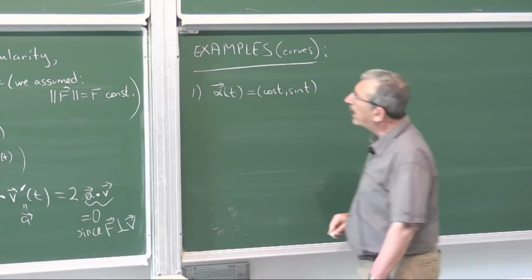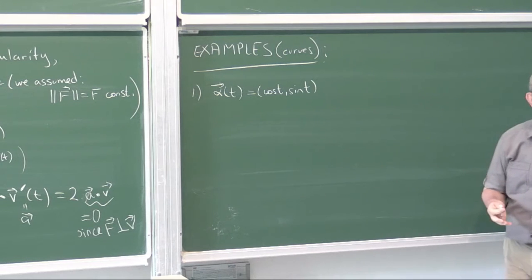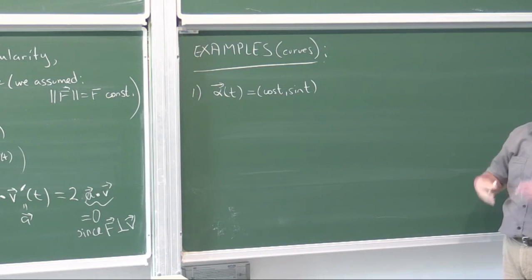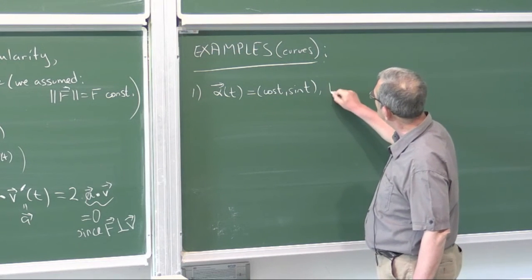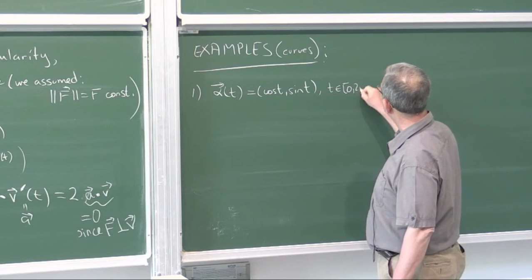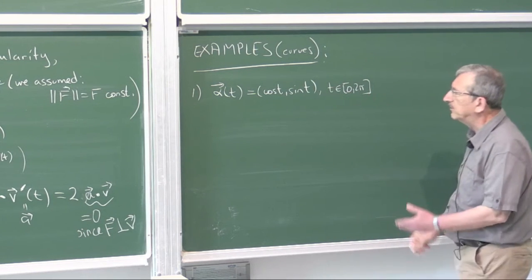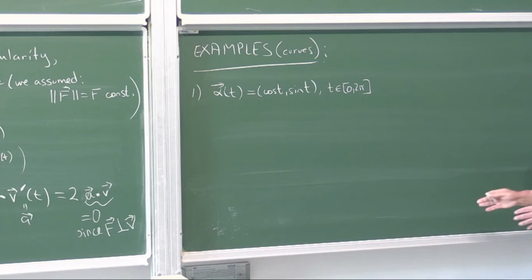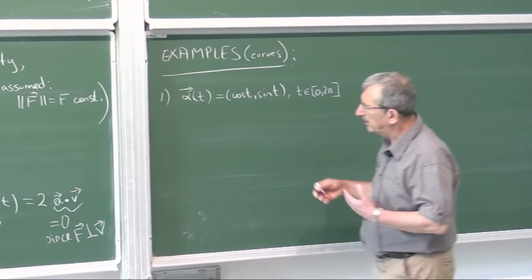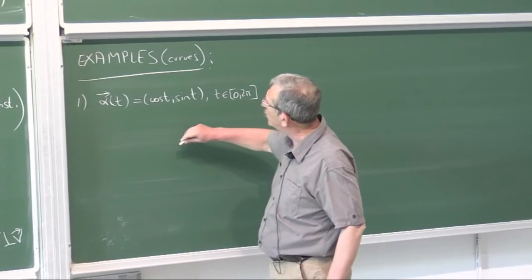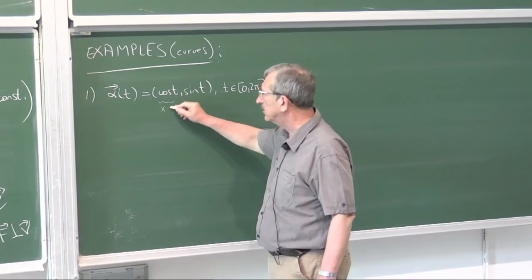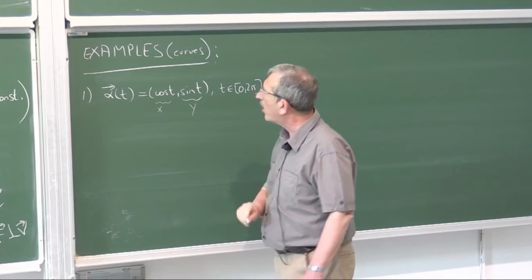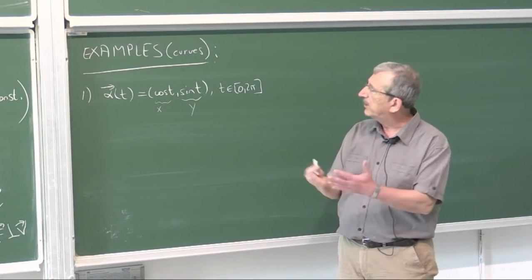Note that the domain, the interval, must be specified because it changes the curve at the end. So we will say that t belongs to 0 to pi. Now, clearly this is a function into R2. It's a curve, right? But let us be more geometrical in our approach. What does all this say? It says that the first one is our x, actually depending on t. The second one is our y. Well, the sum of their squares is always 1.